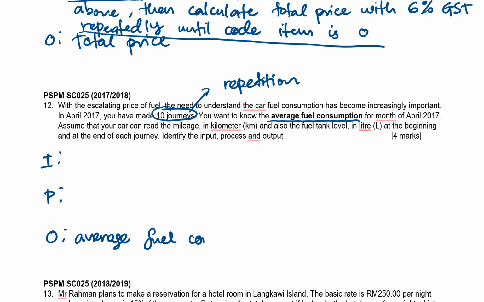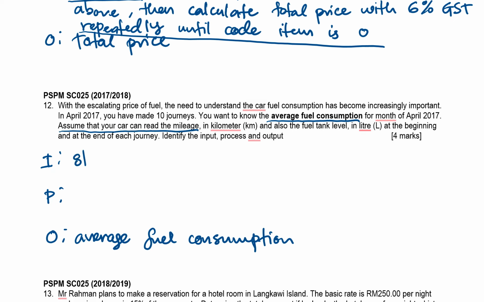Now, to get the average fuel consumption, what input is needed? The question says assume that you can read the mileage. To get the mileage, you need start mileage and, of course, end mileage.